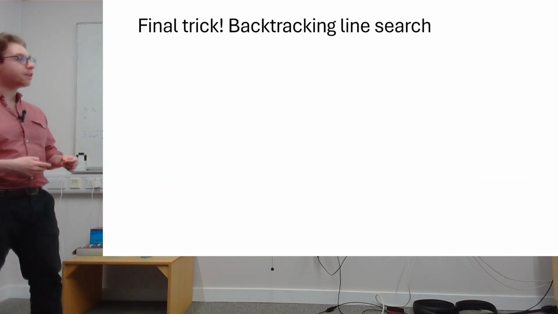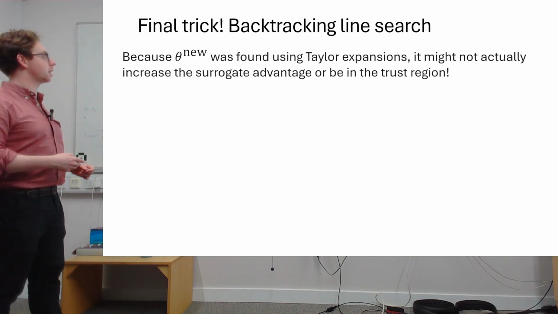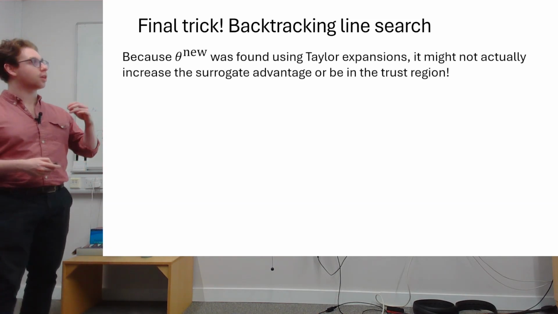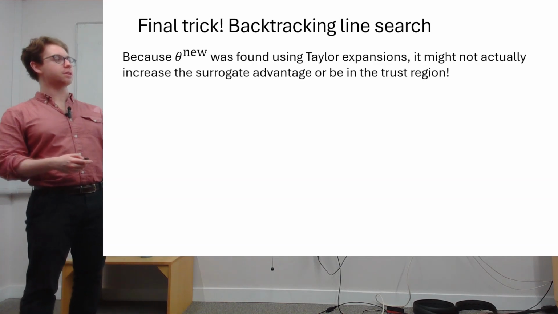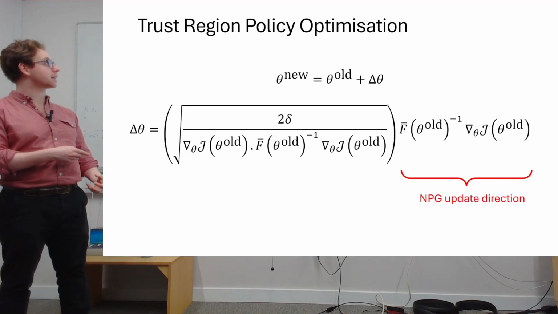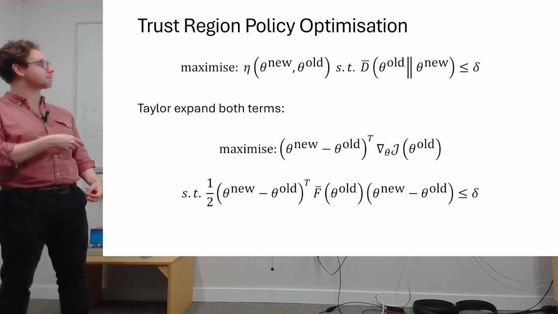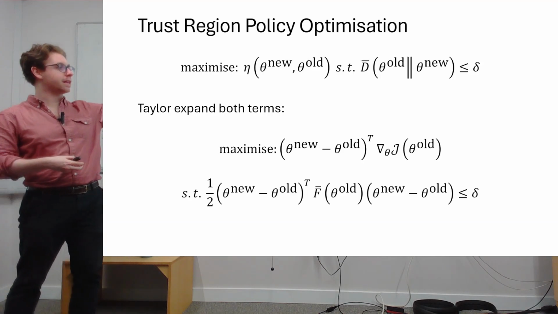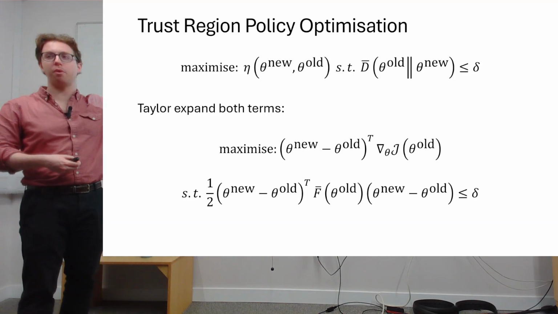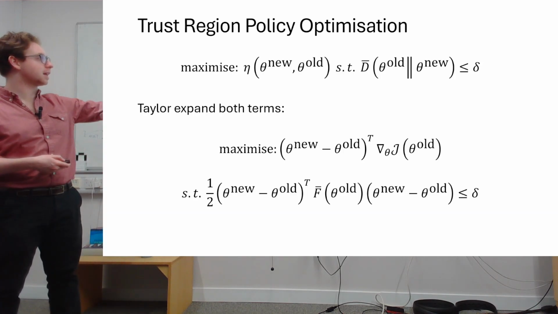Okay, there's one final trick that we have to cover, and then we're done. The last two slides. The theta nu that we found wasn't actually the analytic maximizer of this thing here, right? We found the analytic maximizer of the problem once we perform the Taylor expansion.